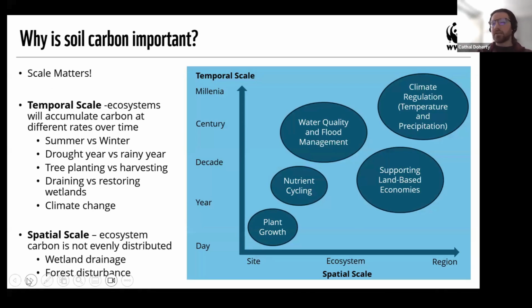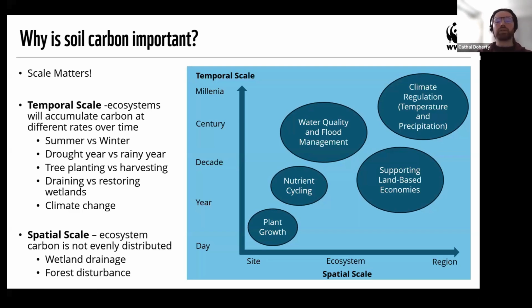So from this, we can derive that scale matters when we want to talk about carbon and soil carbon cycling. And when I say scale matters, I mean that in two different components. The first is temporal scale. Ecosystem carbon cycling will vary over time. For example, an ecosystem that acts as a sink one day might act as a source the next day. And this can also range over different time scales.